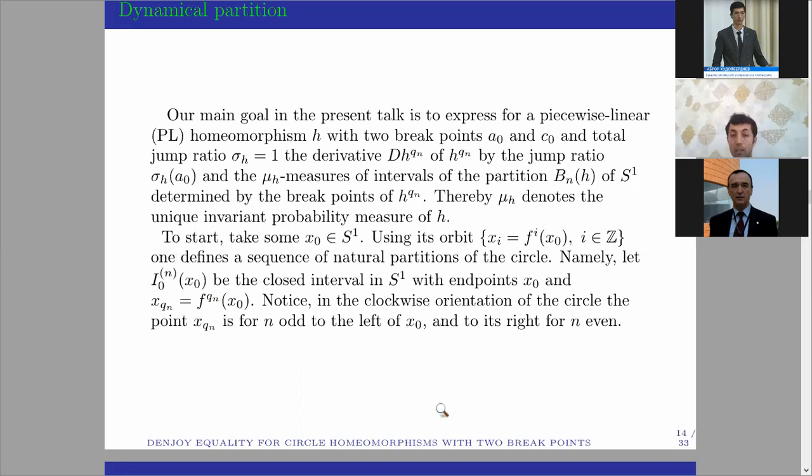And to start, let's fix one point x0 and consider its orbit, and we denote by I_n^0 the closed interval with endpoints x0 and x_qn. When n is odd, then x_qn is located to the left side of x0 on the circle, and when n is even, it's located on the right side.